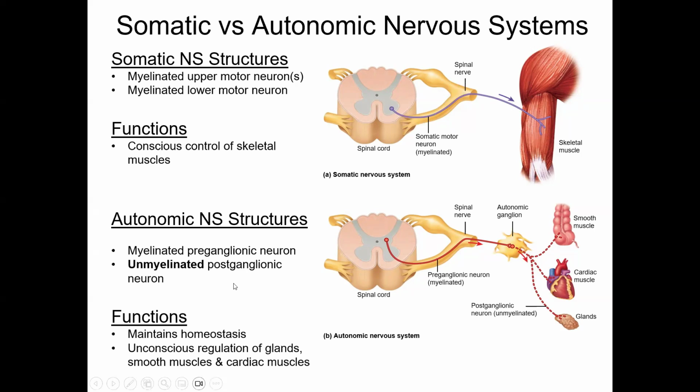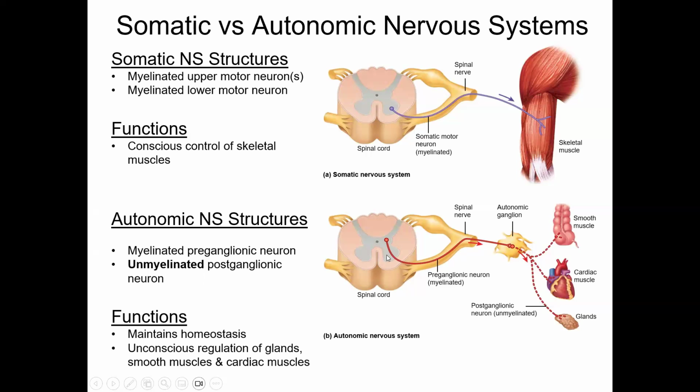In our autonomic system, this is one of the areas where we have unmyelinated neurons, but you'll also see this distinction where we say preganglionic versus postganglionic. Preganglionic means this neuron before the ganglion. Remember, the ganglion is a gang of nerves. And when we say nerves, we're talking specifically about the dendrites and cell bodies.